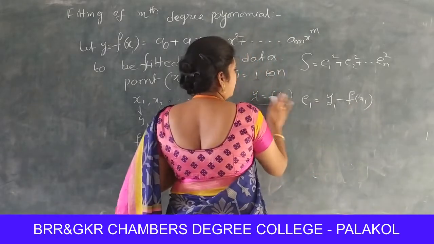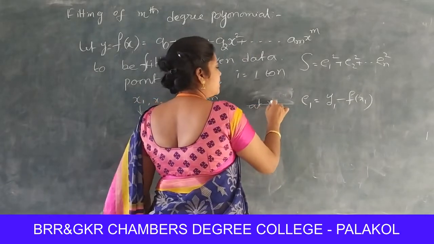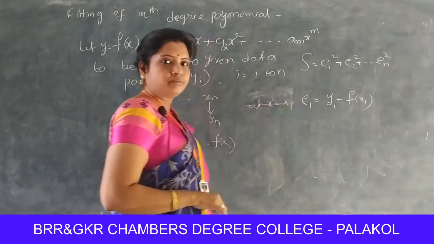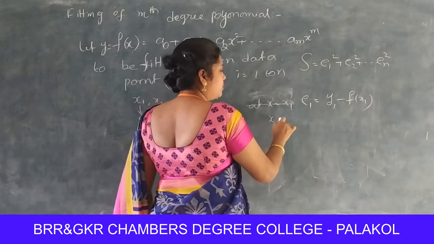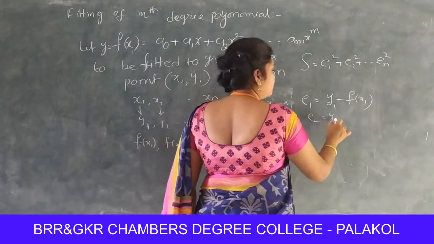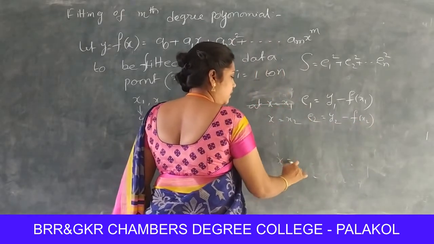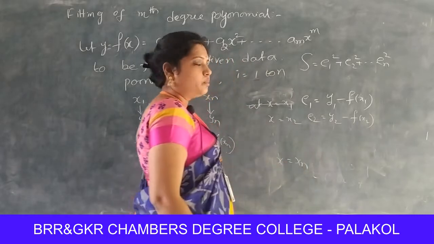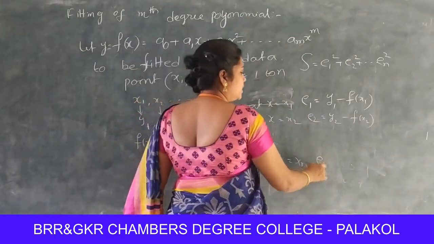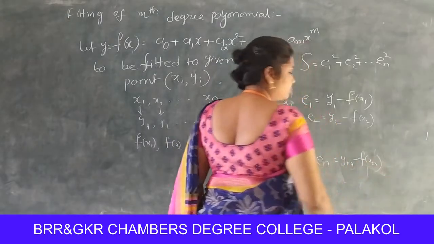So this is the error of the approximation at x equal to x1. Similarly, at x equal to x2 it is denoted as e2 is equal to y2 minus f of x2. And so on, at x equal to xn, the error of the approximation is denoted as en is equal to yn minus f of xn.